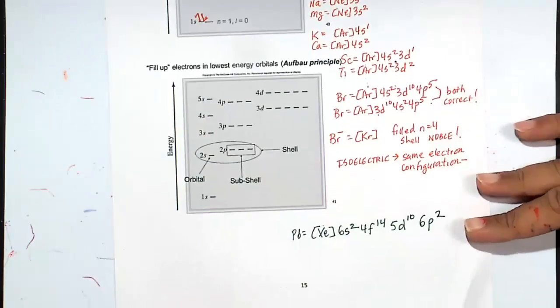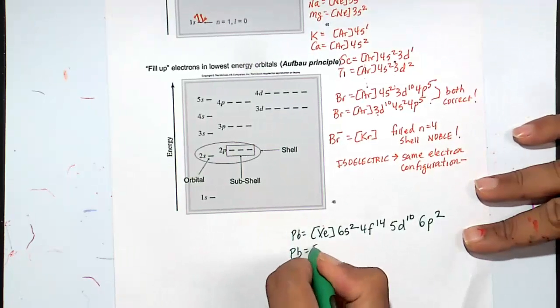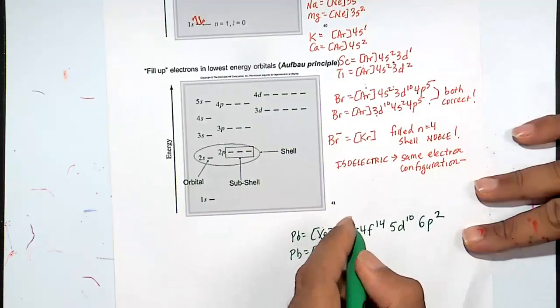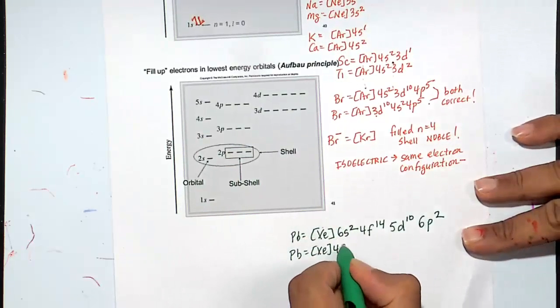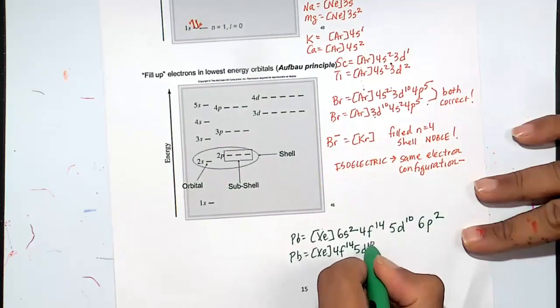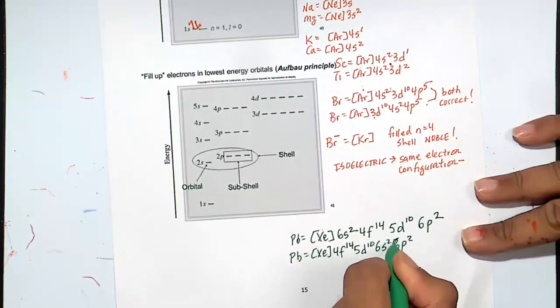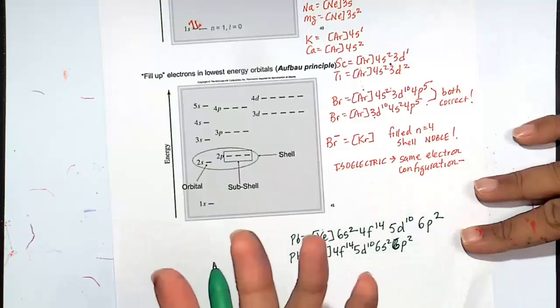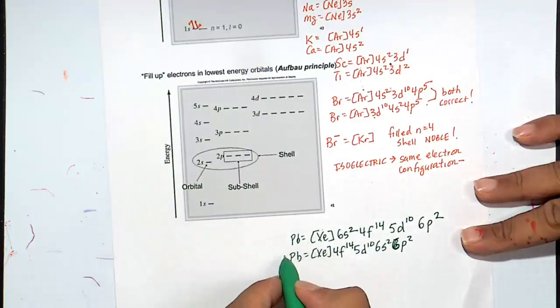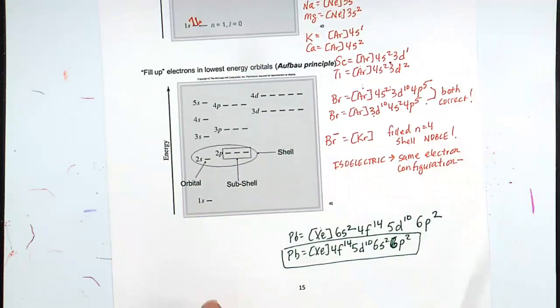So that's the electron configuration for lead. This is my preference. I like to put everything in order of principal quantum number. So this is just me: 4, and then 5, and then 6. Both are right answers, but I guess I'm retentive or whatever the word is. I like the 4, 5, and 6 to be in the same order. But anyways, that's the electron configuration of lead.